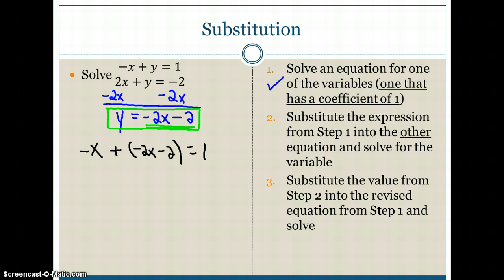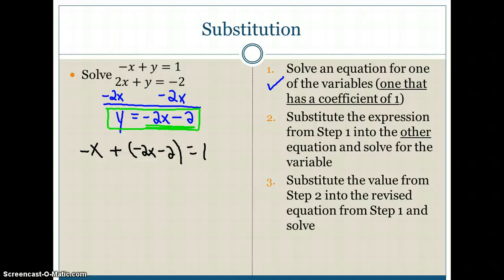So we substitute the expression from step 1 into the other equation. Now what's nice, and the purpose of substitution, is to get the equation to have one variable. So now we have x as our variable. We don't have x and y together.